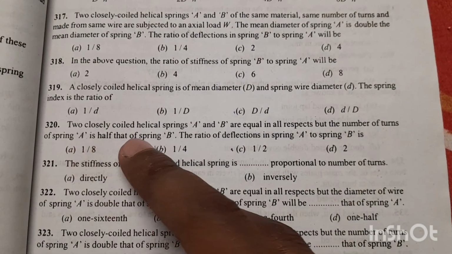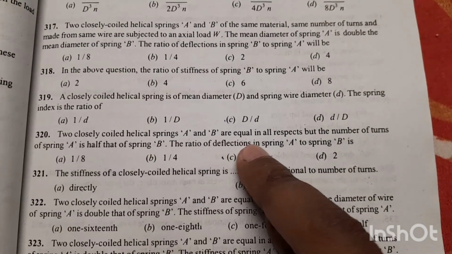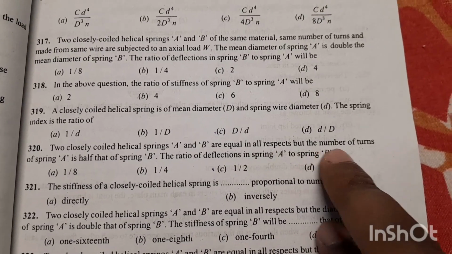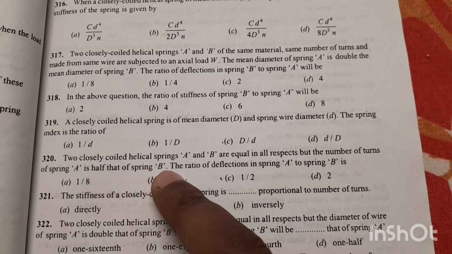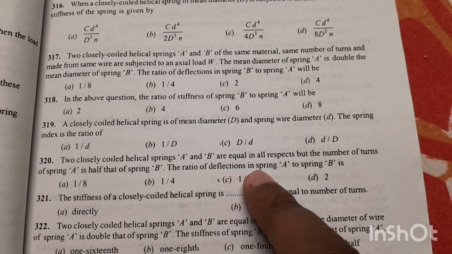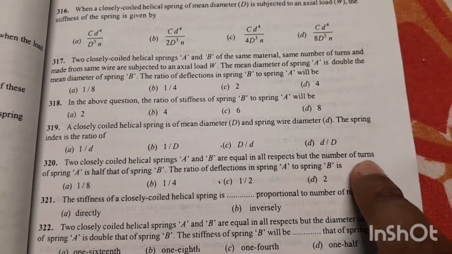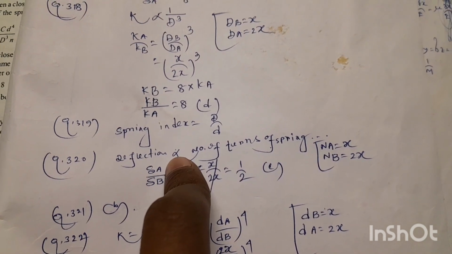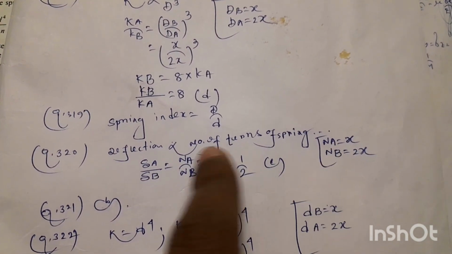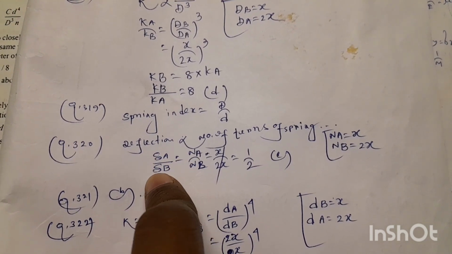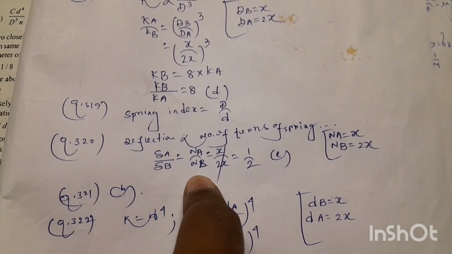Next question. Two closely coiled helical springs A and B are equal in all respects, but the number of turns of spring A is half of that of spring B. The ratio of deflection in spring A to spring B is? We know deflection is directly proportional to the number of turns of the spring, so del A divided by del B equals Na by Nb.